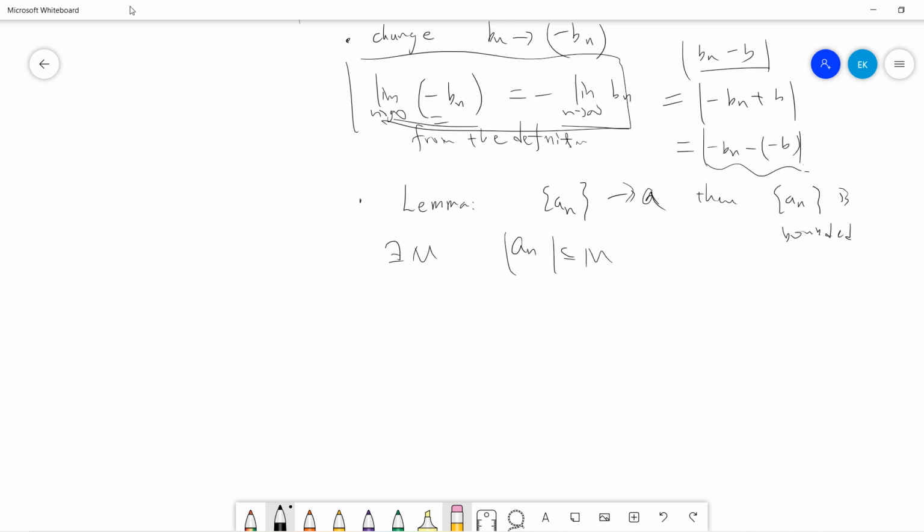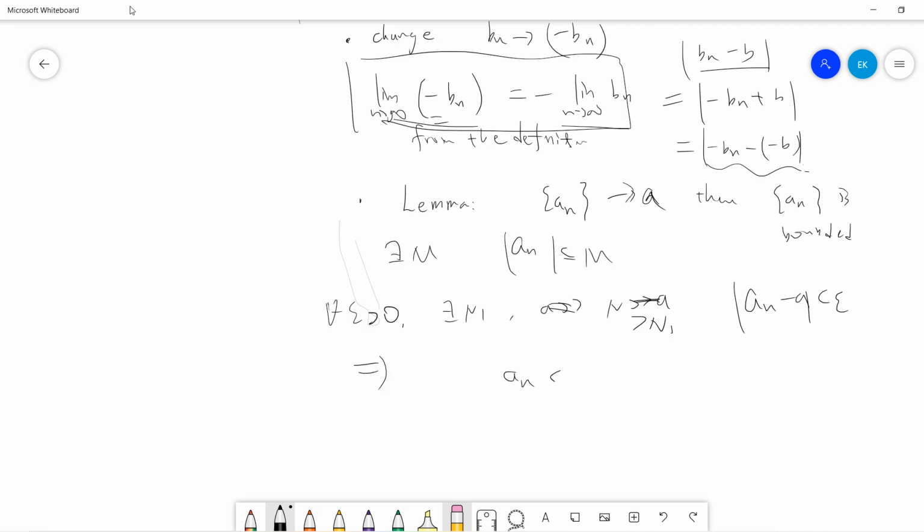The idea is that for epsilon larger than 0, there's an n1 such that if n is larger than n1, then |a_n minus a| is less than epsilon. Let me write carefully.